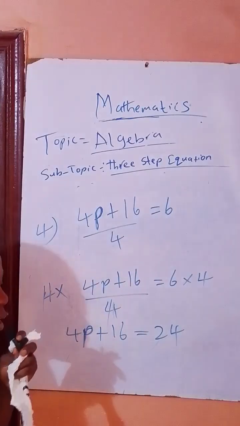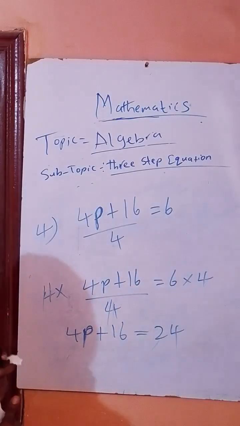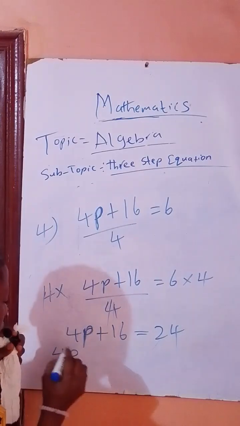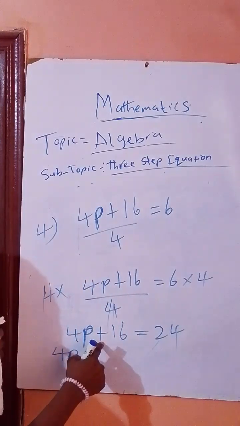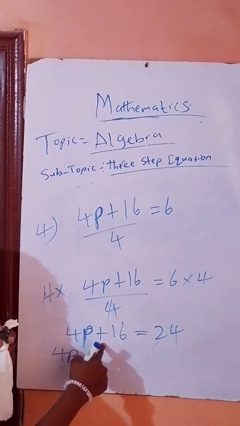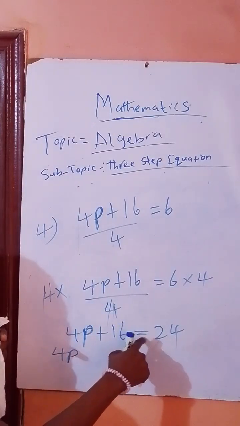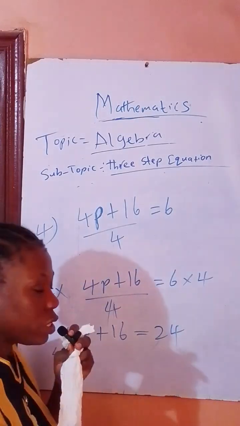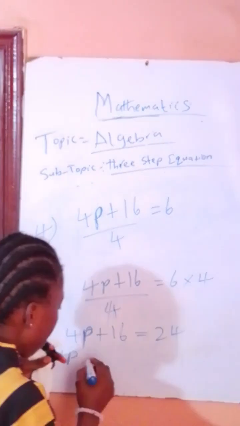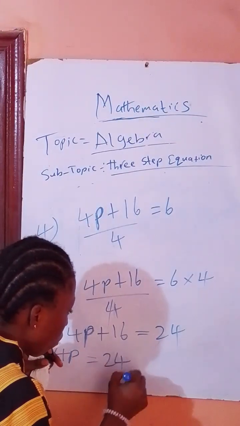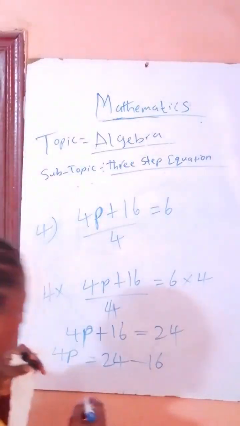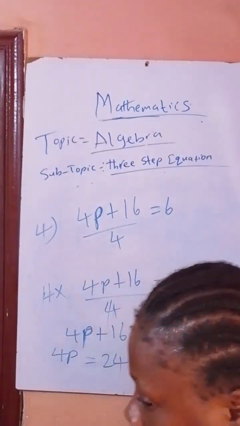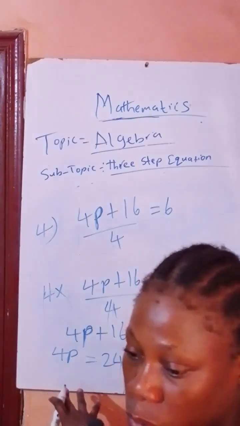The next thing we are going to do is this: with 4p, this 16 has a plus, and when it crosses this equal sign to meet 24, the plus is going to change to minus. We'll be having 24 minus 16. Are you understanding what I'm doing?